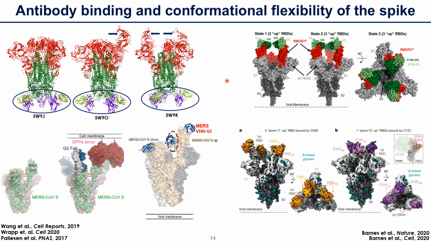So it has also been shown that binding of different kinds of antibody to the RBD or to some other regions of the spike protein can govern conformational flexibility of the spike. For example, this is the MERS-CoV spike, and the binding of the G4 antibody, which binds to the S2 subdomain, can govern the opening of the receptor binding domains, as you can see in red here.